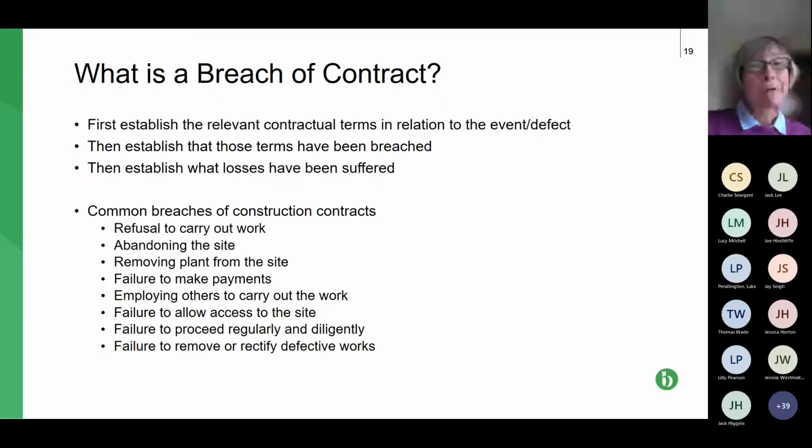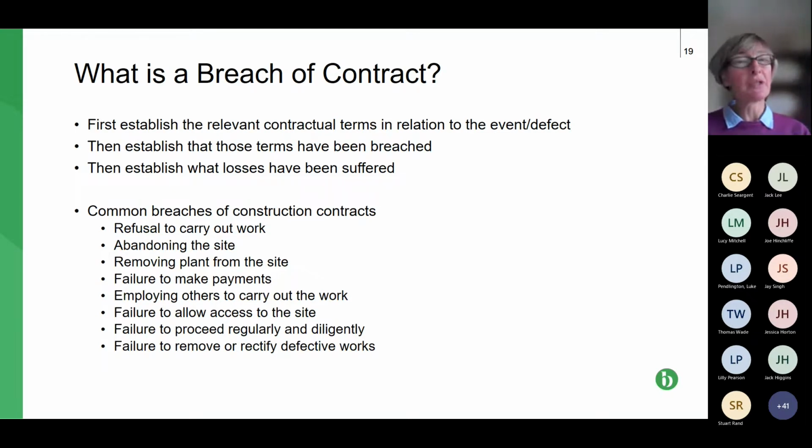The paying party, the employer, typically has very few obligations. Their key obligation is the obligation to pay. But as we know, under the Housing Grants Act, they have an obligation to arrange for payments to be certified, and then to pay whatever has been certified, subject to any pay less notice that they submit. So that's their key obligation.